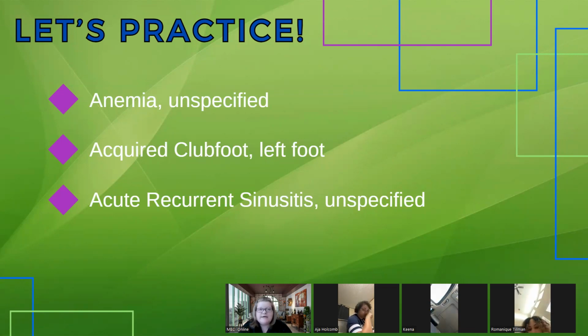Now, hopefully, if you had stopped at acute and gone to J01.90, once you got to that page in the tabular, you'd have realized that you needed to use the 01.91 because of the word recurrent. And I will also point out, do y'all see how the word recurrent is highlighted in purple? That's the one I said, the 01.91. That's not correct?